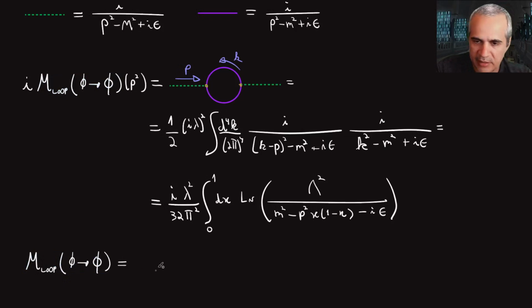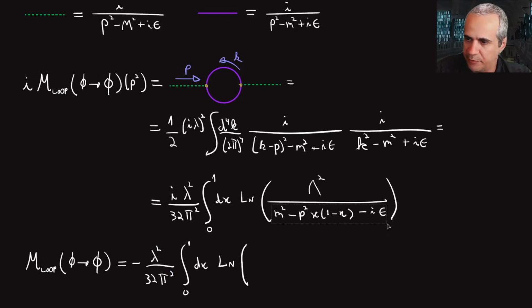So this guy is just minus lambda squared over 32 pi squared. This minus is because I'm flipping the order, and this minus is because it's more useful for me now to write the log in this way, so I'll put this guy up.